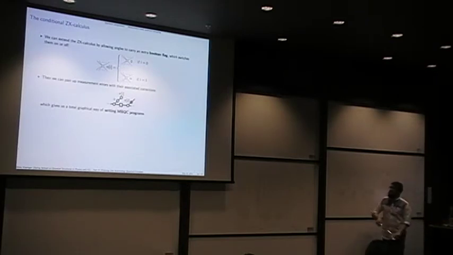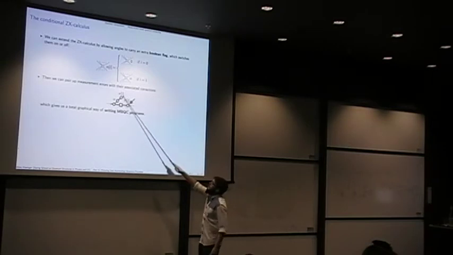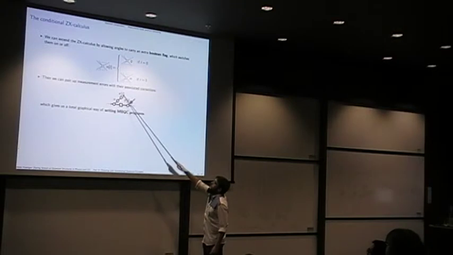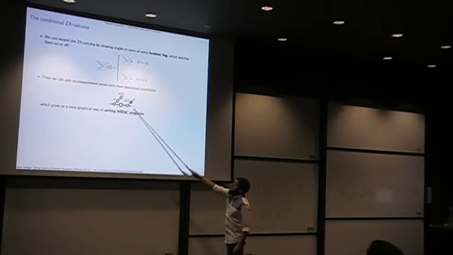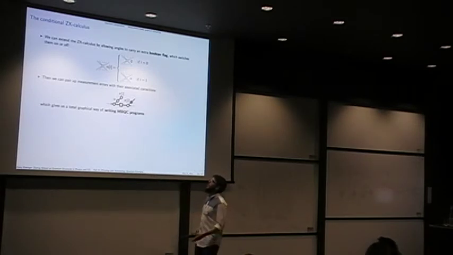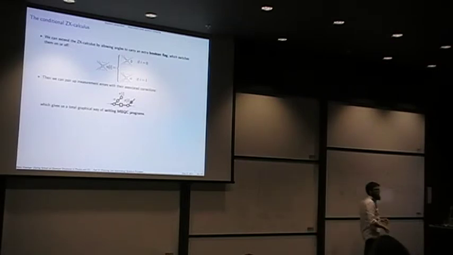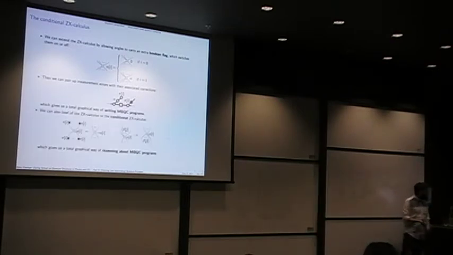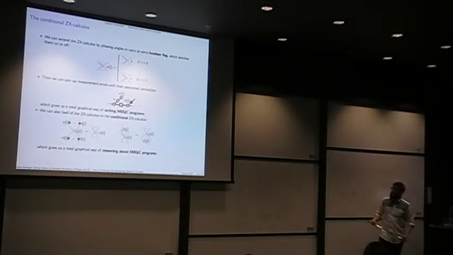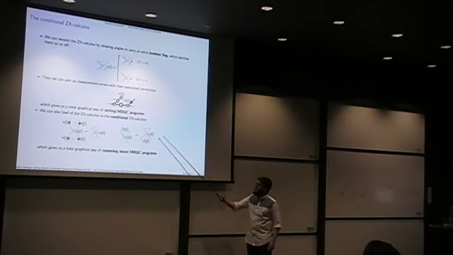So for instance, I can pair up this measurement I'm doing here. So that's a measurement of alpha, right? And that's my possible error, with its associated correction. Okay? So this gives us a totally graphical way that I can write MBQC programs. I can write all my angles, and I can write all my corrections right there in the notation. And we can also beef up the ZX calculus a bit and have all these conditionalized versions of the rules.